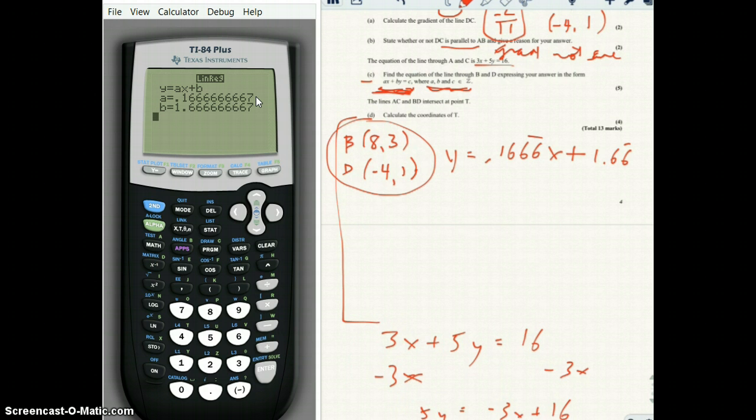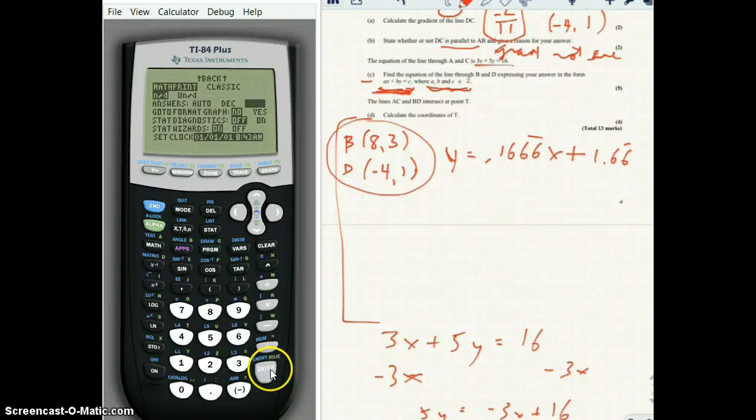If you want to see that in fractions, which is sometimes good, you can convert by putting your calculator in fraction mode: press mode, then go down to answers and put it in fraction.